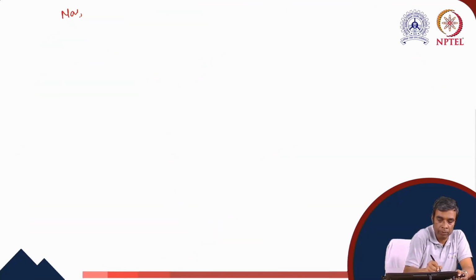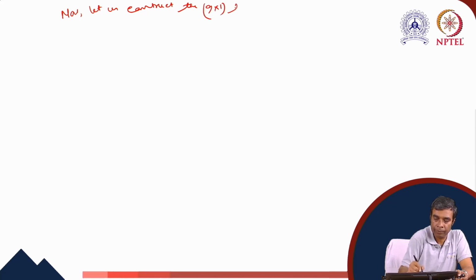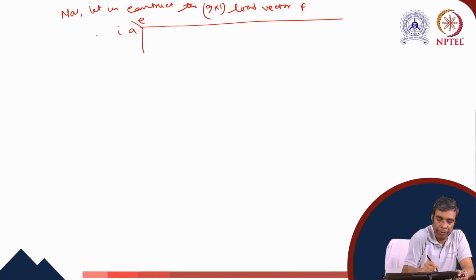Now let us construct the 9 by 1 load vector F. We already have the LM array here, element 1, 2, 3, 4, 5, 6, 7, 8, 9.